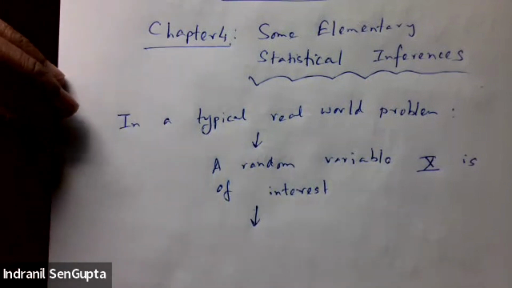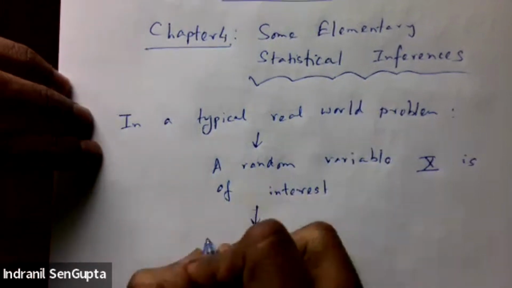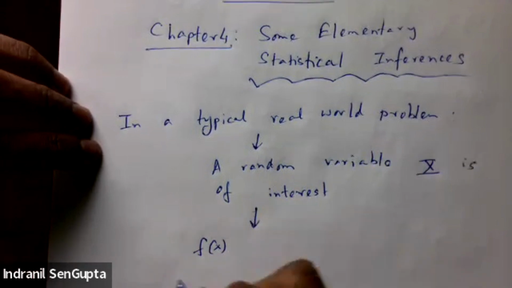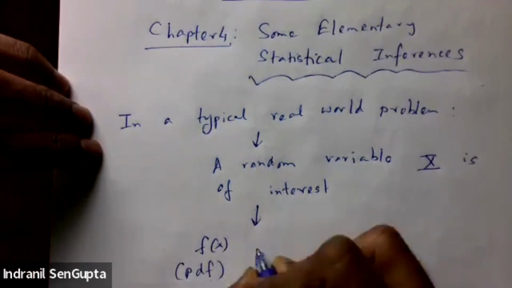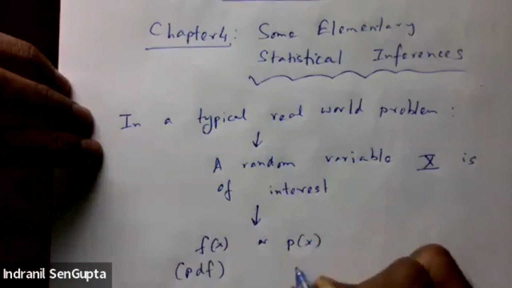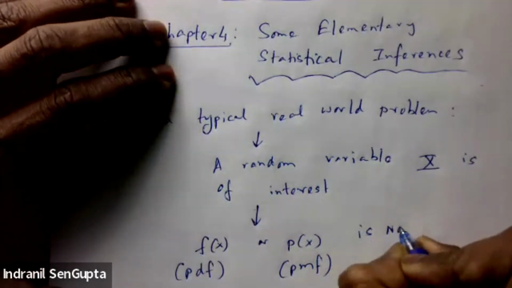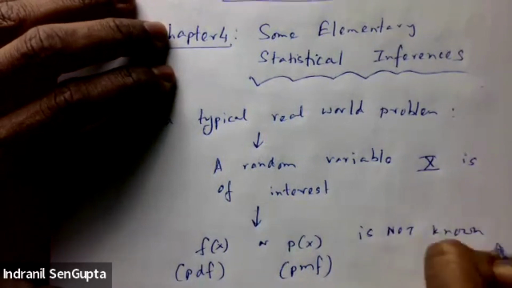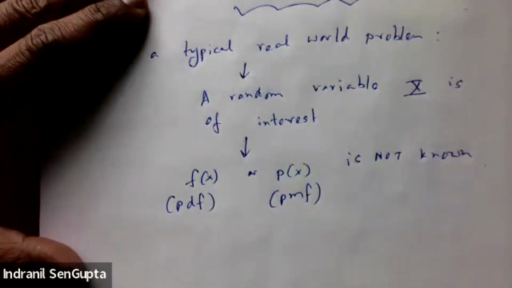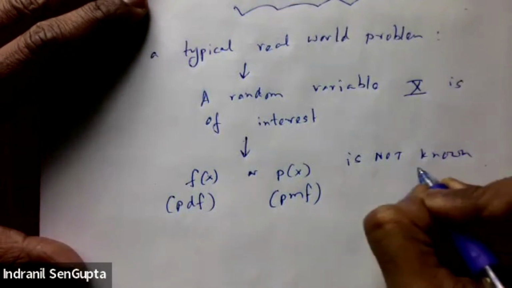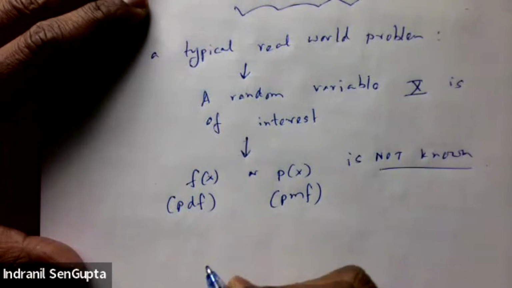But what happens typically is that f(x), the probability density function, or p(x), the probability mass function, is not known. Now, it's not known in two different ways.